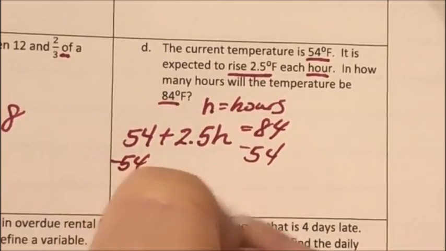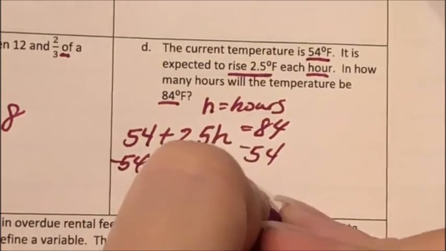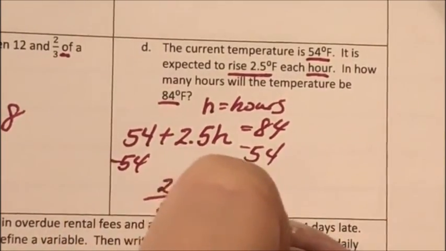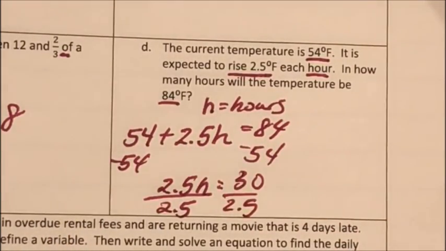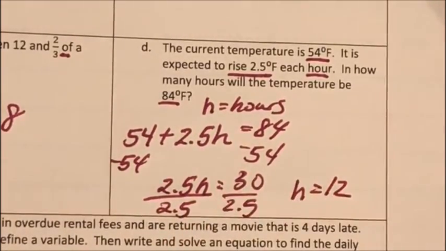I'm left with 2.5H equals 30. Okay, then I want to divide by 2.5. So H equals 12. So it means 12 hours for the temperature to be 84 degrees if it rises steadily.